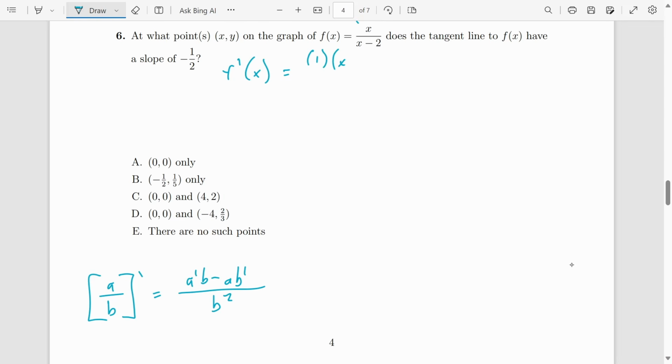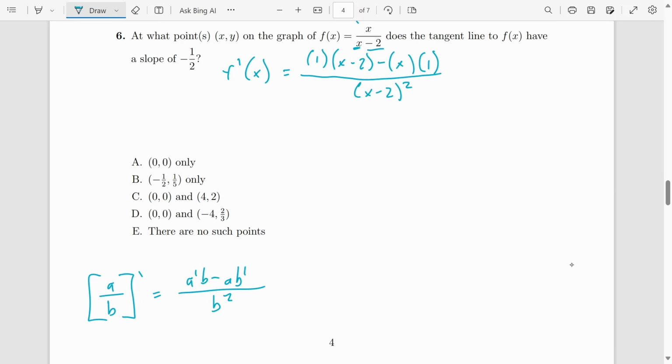Times b, which is x minus 2, minus a, which is x, times b prime, so the derivative of x minus 2, that's just the derivative of x, which is 1, minus the derivative of 2, which is 0. So we have our numerator, and our denominator is just b squared, so x minus 2 squared.